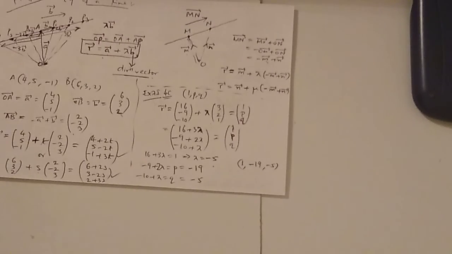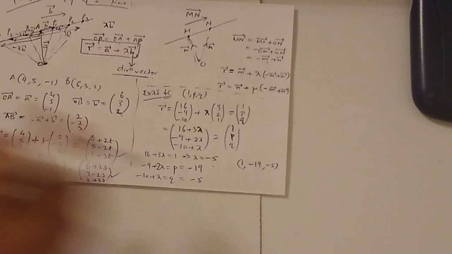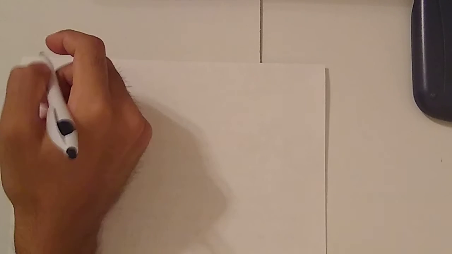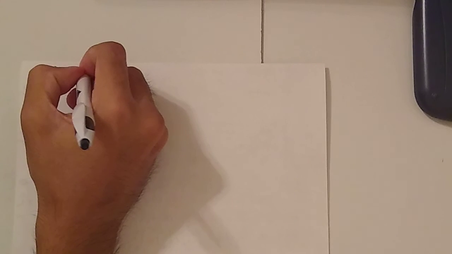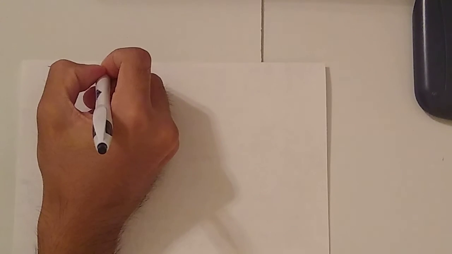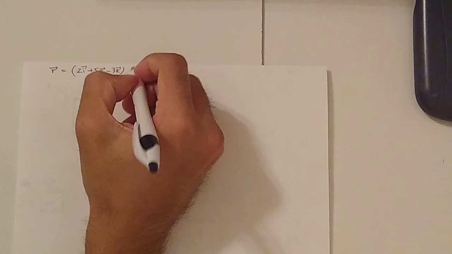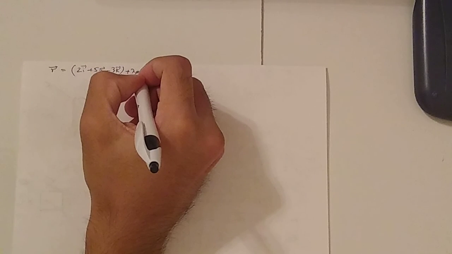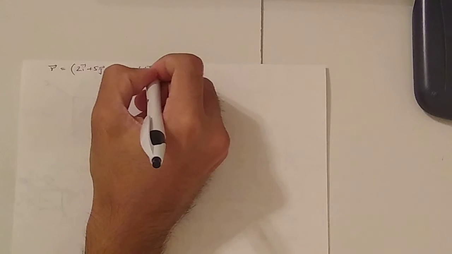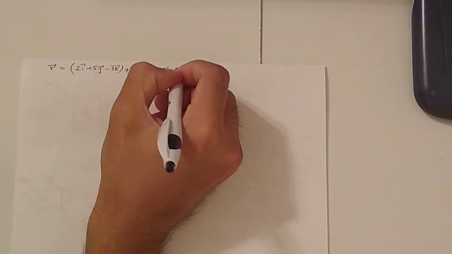Alright, now let's consider example 34. In example 34 the vector equation in question is r equals 2i plus 5j minus 3k plus lambda times (6i minus 2j plus 4k).